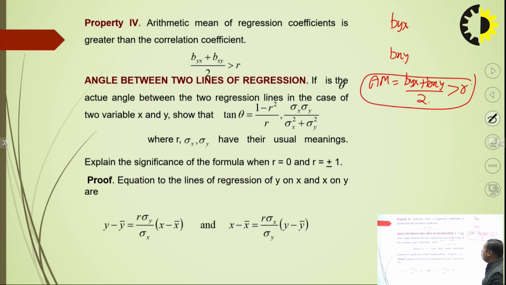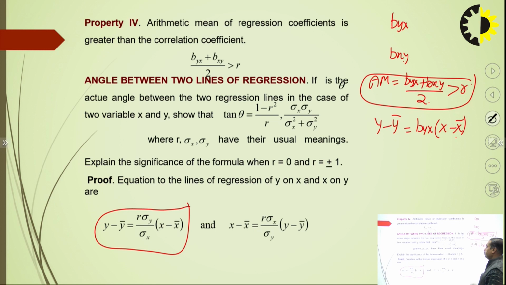Now, the angle between 2 regression lines. If there are 2 regression lines, then we have to make a relation between them. The first regression line is y minus y bar equals byx times x minus x bar, with byx having the value r sigma y upon sigma x.